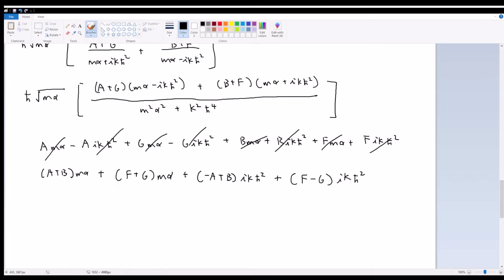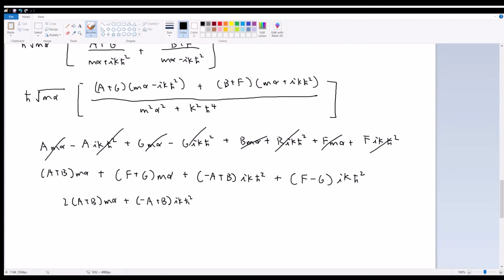Okay, immediately we know that a plus b equals f plus g, so these two can combine to a single term. Let's just call it 2 times (a plus b) times m alpha for now. And then we have plus (negative a plus b) times ik h bar squared, and we have (f minus g) ik h bar squared.